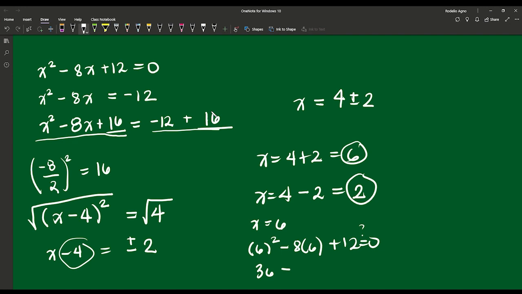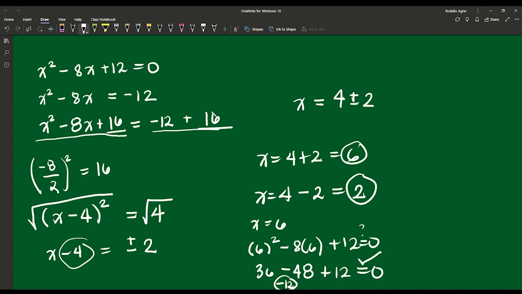Ang ating 8 times 6 ay 48. So, negative 48. And then, ang ating constant kanina ay 12. Is this equal to 0? Tingnan natin, ano? What is 36 minus 48? So, that's negative 12. Tama? So, plus 12 equal nga siya sa 0.